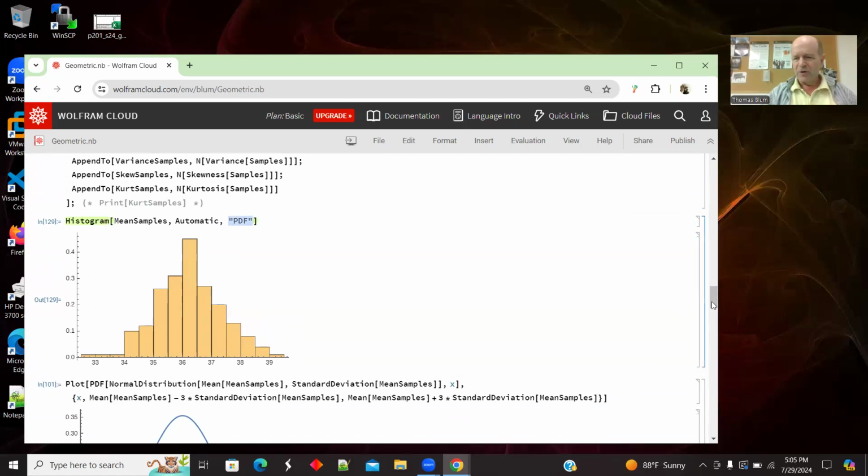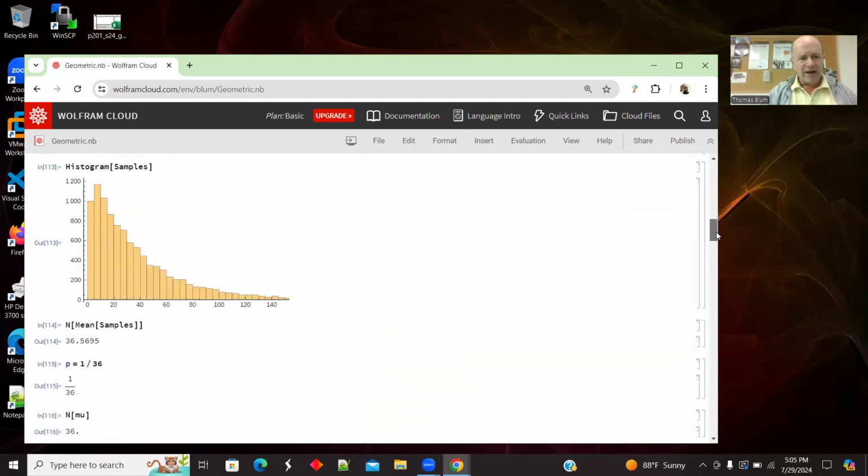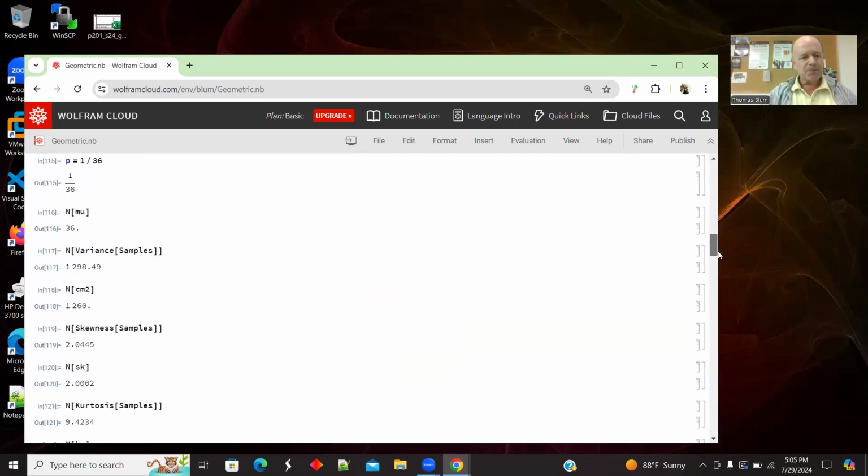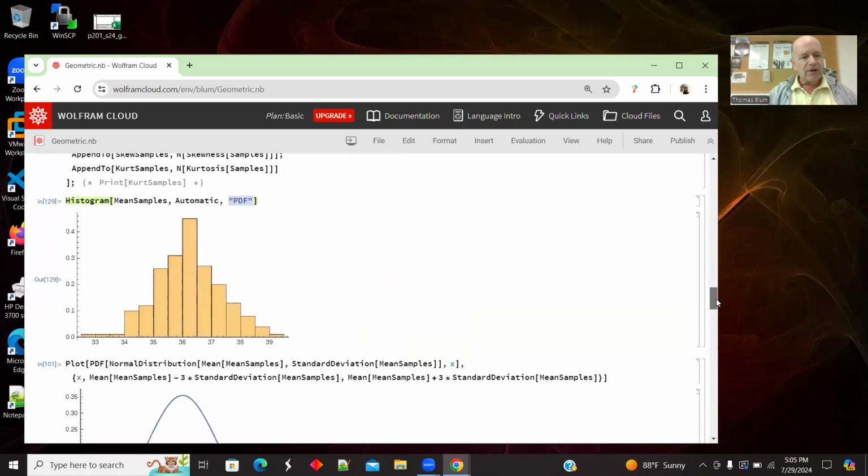So in a normal histogram, the y-axis is frequencies. How many times did something occur? But when you work with the PDF, it does two scalings.